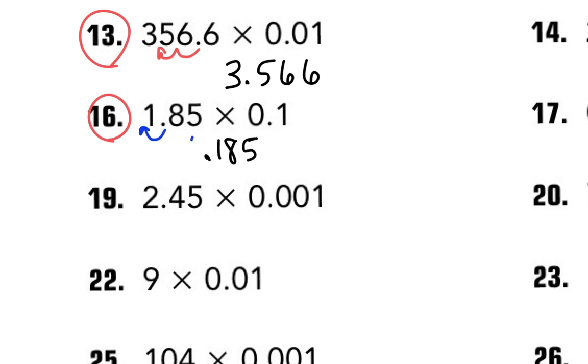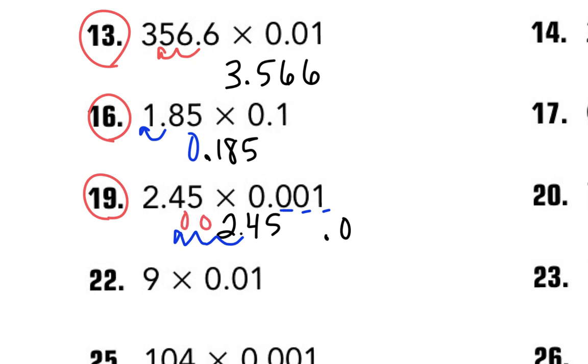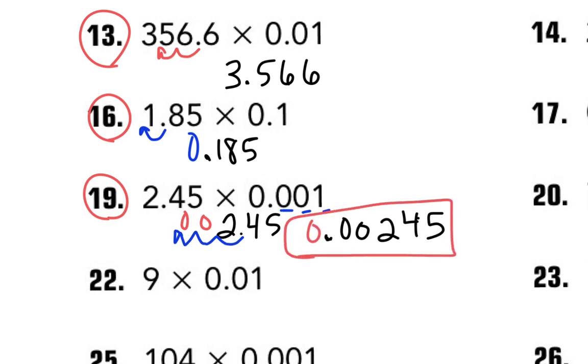And you can put a 0 before the decimal if you want there, just to make sure people can see your decimal point. 19 multiplying by 1,000th, I'm going to rewrite it here. By 1,000th, we're going to have to move the decimal 3 places to the left. And at that point, we have to add some zeros. And I'm going to rewrite my answer so there's no confusion about where my decimal point is. And we could put a 0 in front of the decimal as well.